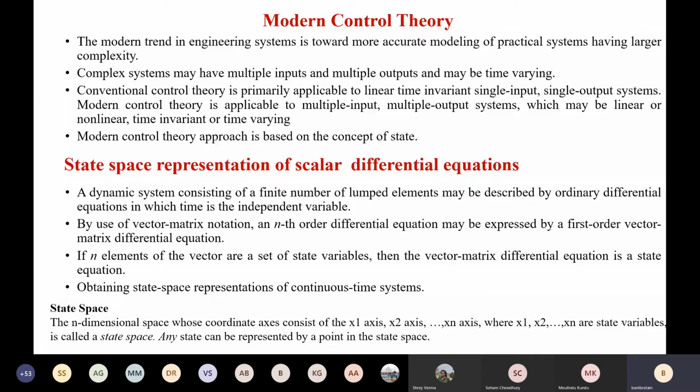These concepts will also be useful for you in the further modules, where you will learn how to do software coding from the controller implementation point of view, as well as software development and its issues. Okay, so in that context we are trying to give some overview of modern control theory.